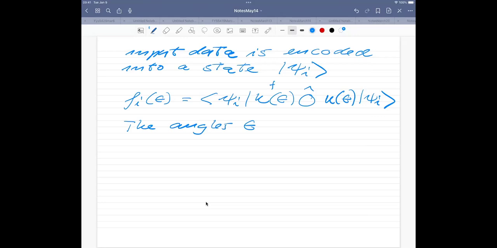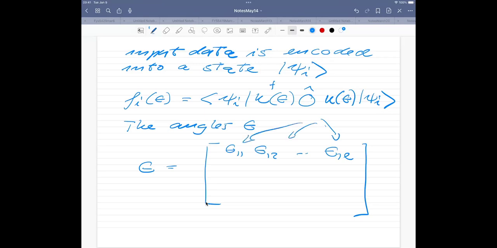And you could now think of having n quantum registers with L layers. So this theta, if we set it up as a matrix, you could have a theta 1,1, a theta 1,2, to a theta 1,L, where L is the given layer. So the columns here represent the layers of a neural network.